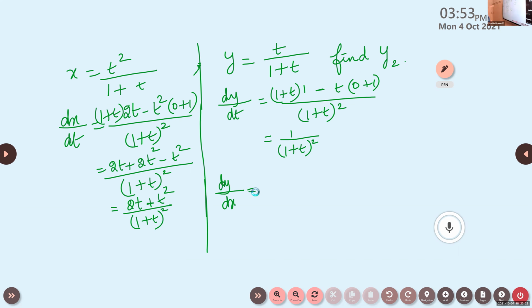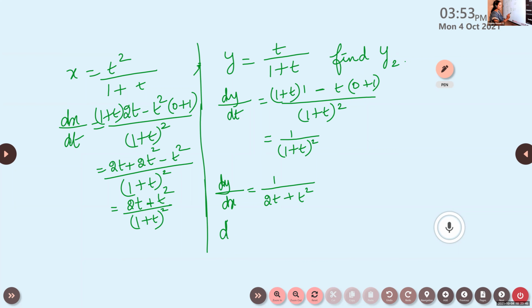Dy by dt by dx by dt. So we will get 1 by 2t plus t square.